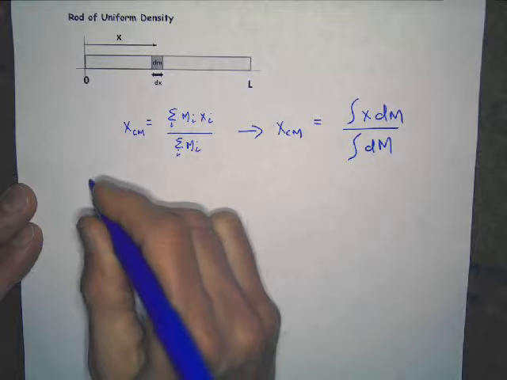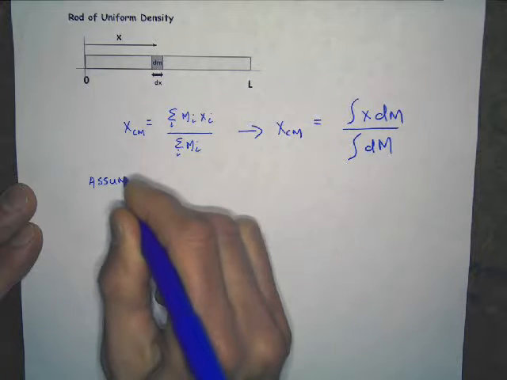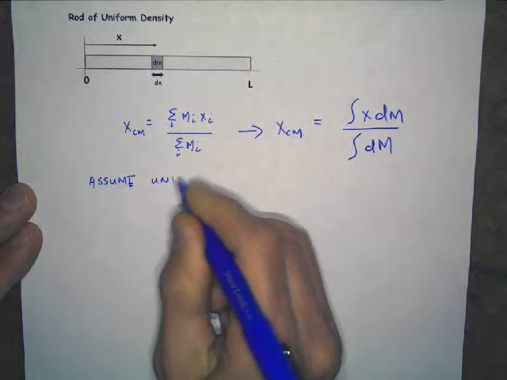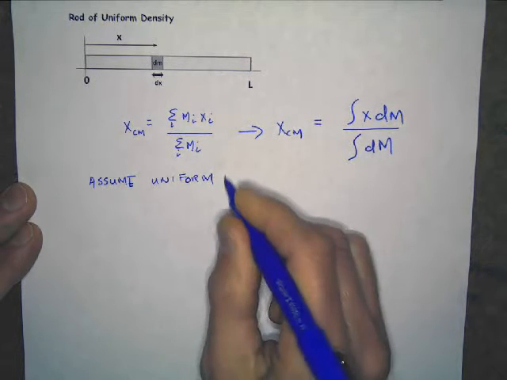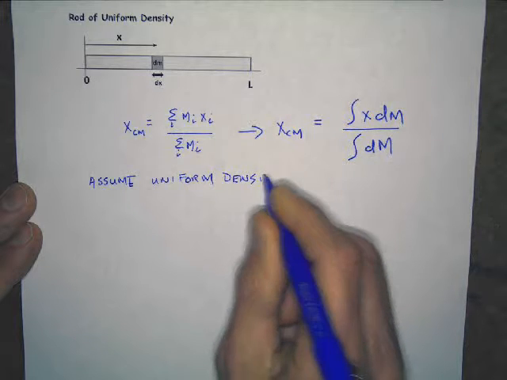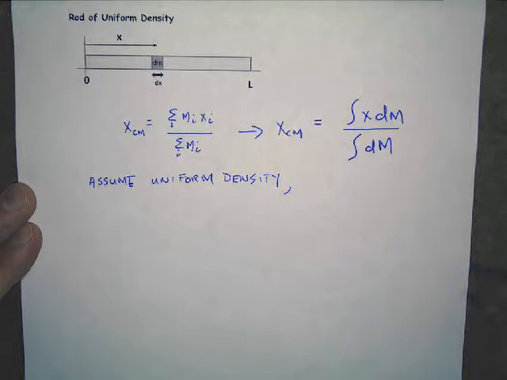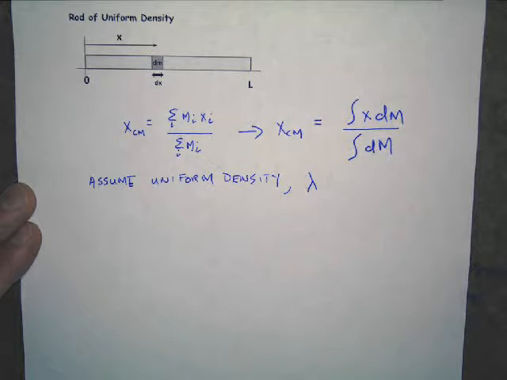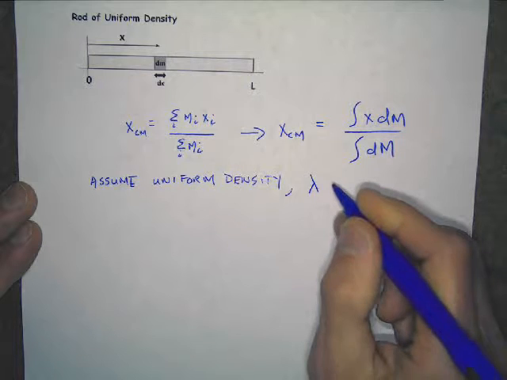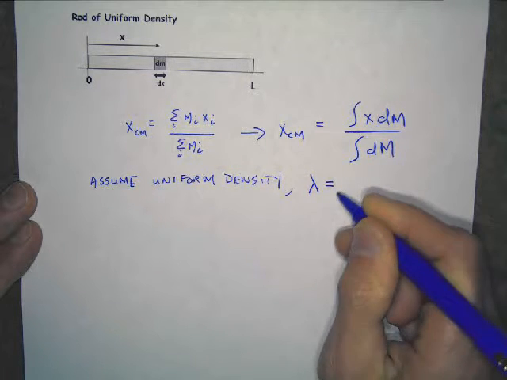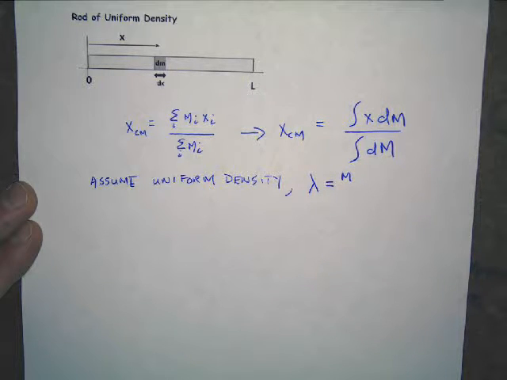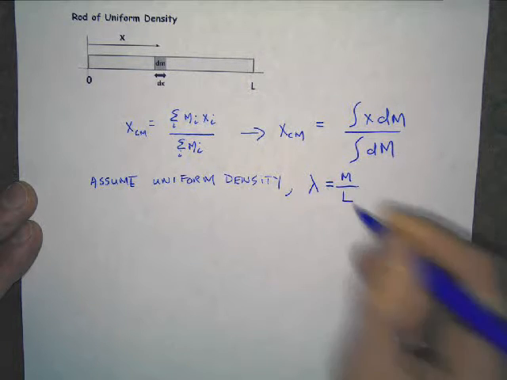So let's state some assumptions here. We're going to assume that we have a uniform density, and we're going to express that density using a new symbol called lambda, where lambda is going to be the mass of the entire rod, so just M, divided by its length.